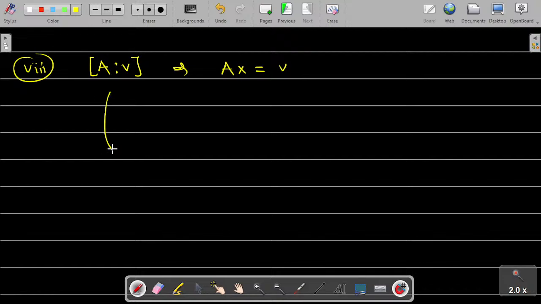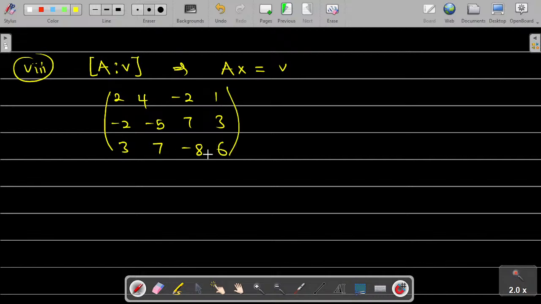So our A is 2, 4, minus 2, 1, then minus 2, minus 5, 7, 3, and then 3, 7, minus 8, 6. So this was our A.